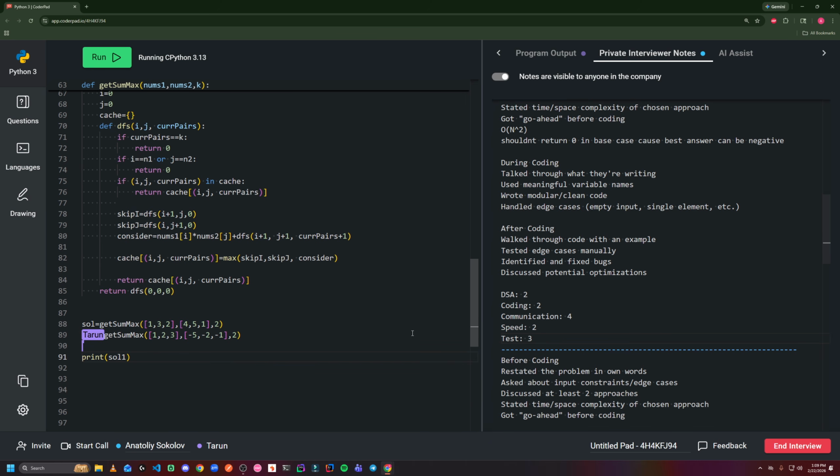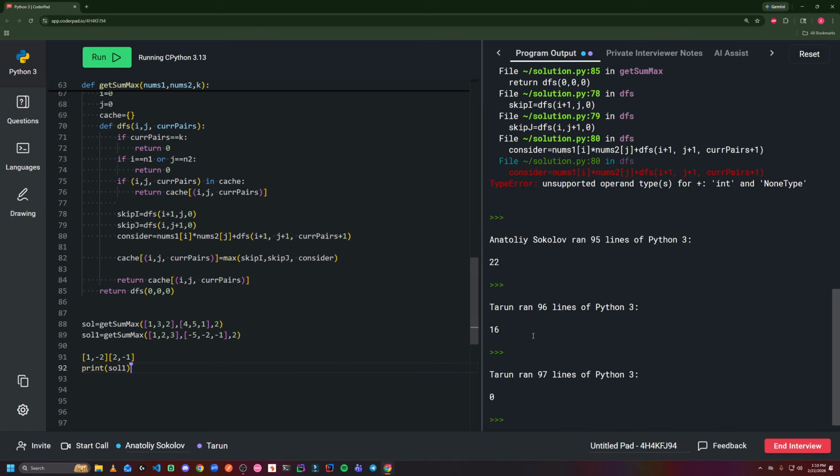So here, just let me check. The pair is 1 and minus 2, and the other pair is 2 and minus 1, right? Yeah. I mean, either way, you know it's not 0. So here it will be minus 2 plus... So maximize, okay, maximize.